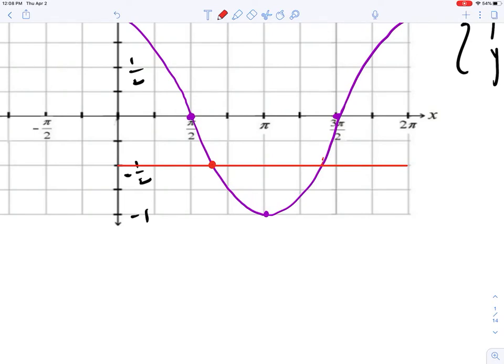Again, I would have to have had more points graphed, but we know that that first point of intersection is the point 2 pi over 3, comma negative 1/2, and then this point would be 4 pi over 3, comma negative 1/2.